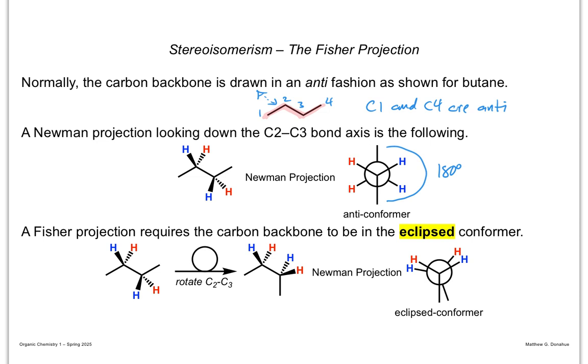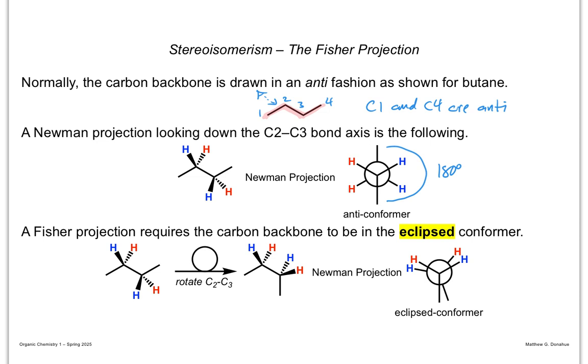So to make a Fischer projection, you need your carbon atoms at a dihedral angle of 0. So now they're 180. We do a bond rotation. Now the dihedral angle is 0.